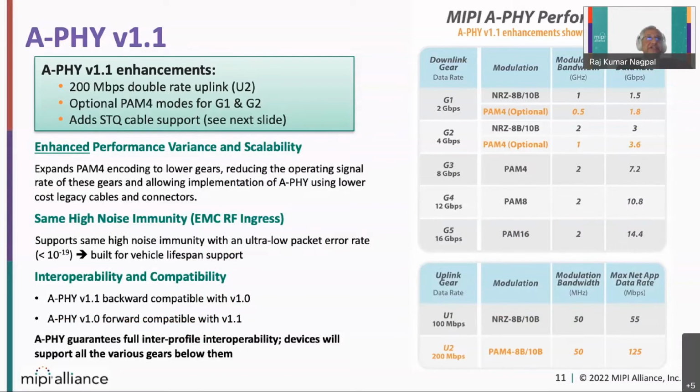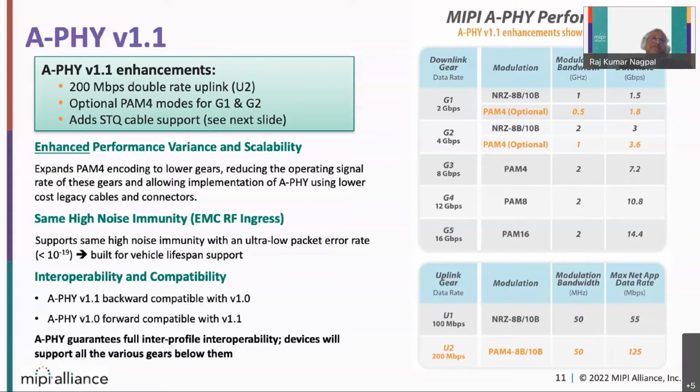The major updates in A-PHY 1.1: we have doubled the uplink data rate from 100 Mbps to 200 Mbps. We have provided optional support of PAM4 in Gear 1 and Gear 2. The advantage is that you will use a lower baud rate, and then your interconnect bandwidth requirements will be less.